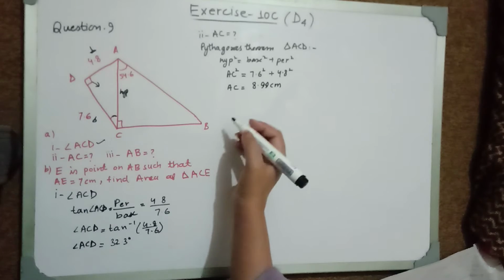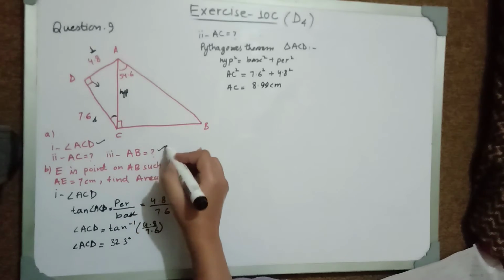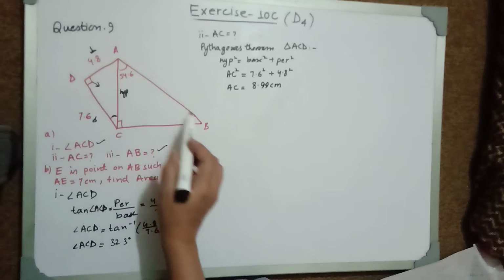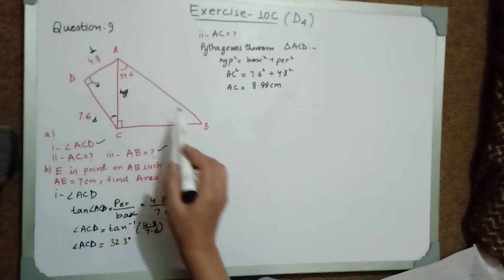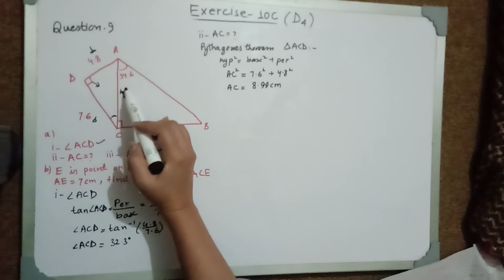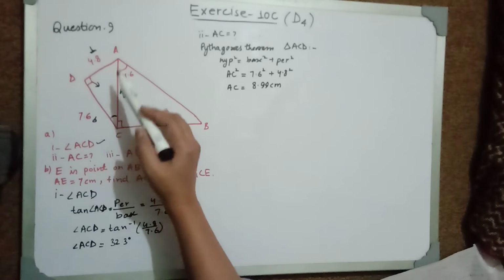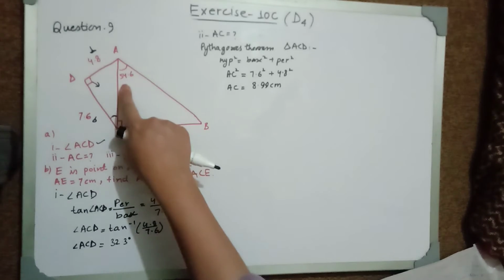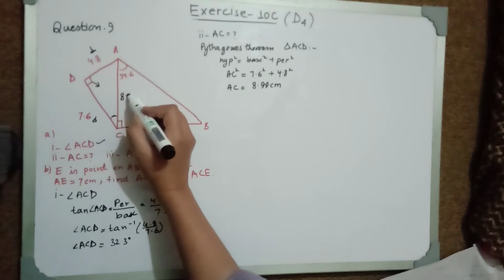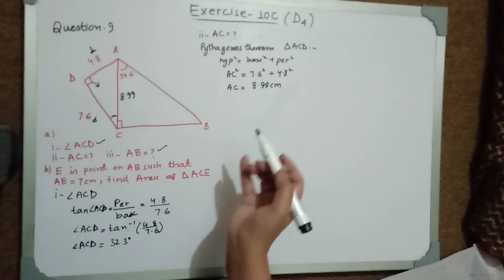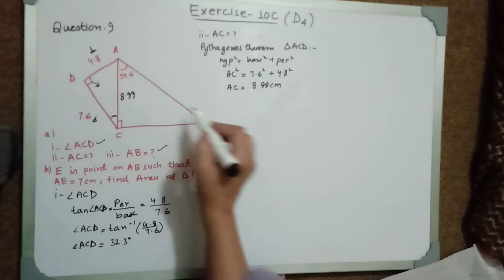The next thing is to find AB, which is the side of triangle ACB. Now what we know in triangle ACB, we know the value of this angle, and we know the value of AC, which is 8.99, and we need to find this side.